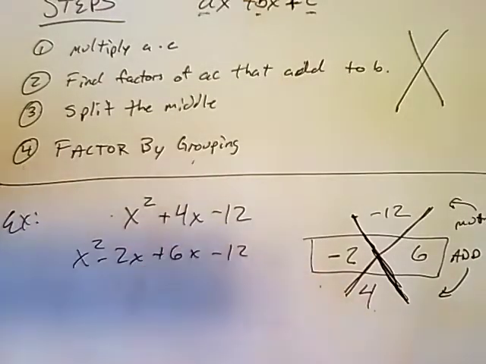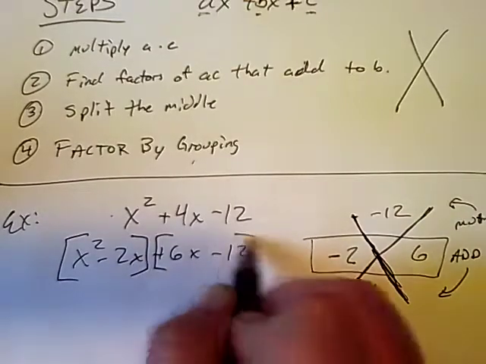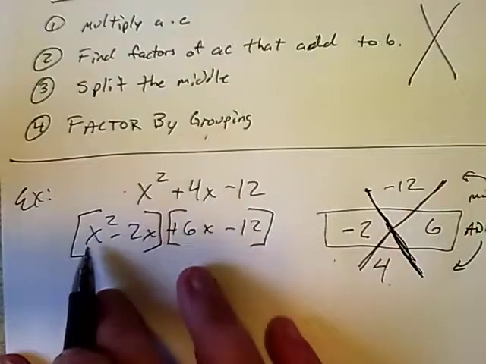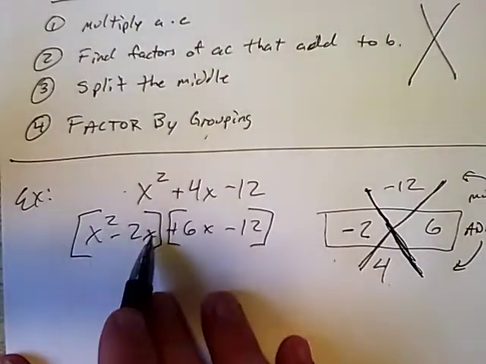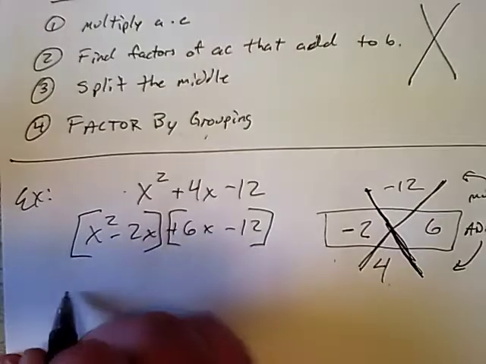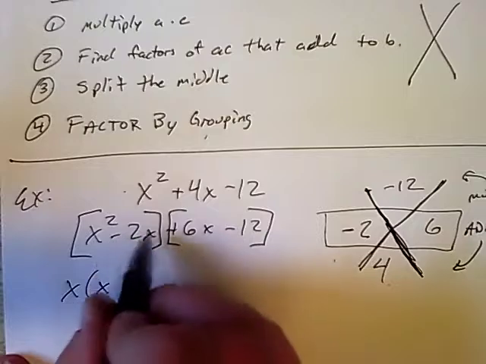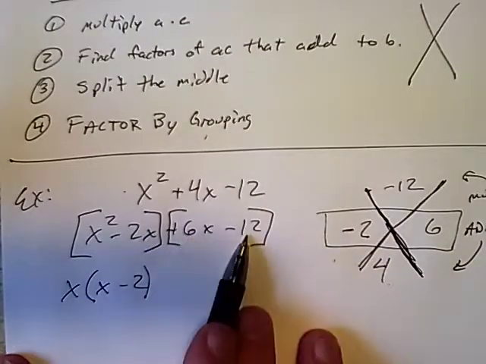And part 4, I need to do my factor by grouping. So here, first 2 terms, my second 2 terms. Greatest common factor here, the biggest number would be a 1. I'm not worried about that. The smallest exponent here, I have an x. So x comes out, and x squared divided by x is x. Negative 2x divided by x is negative 2. 6 and negative 12.